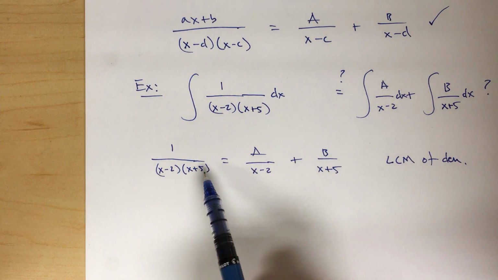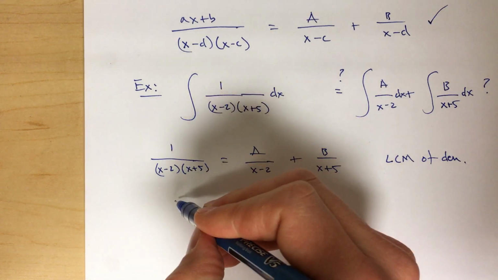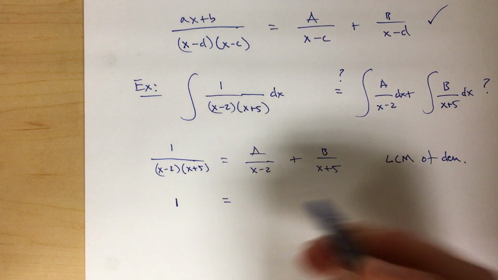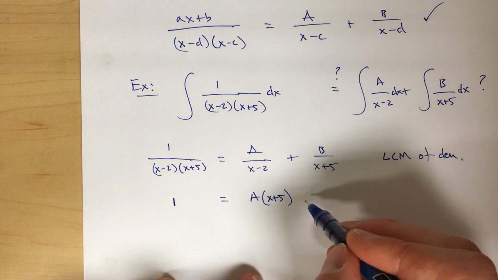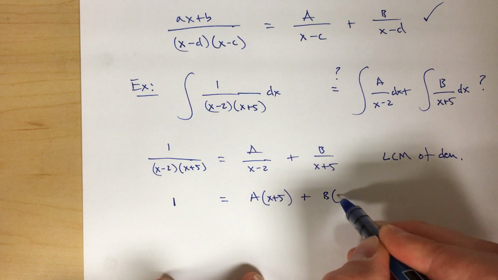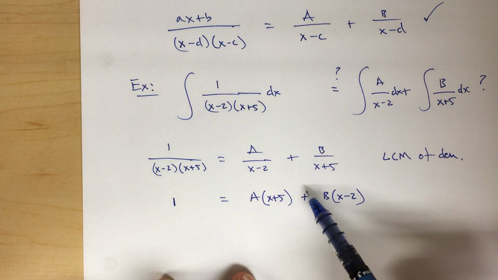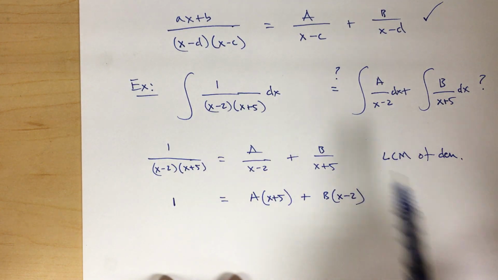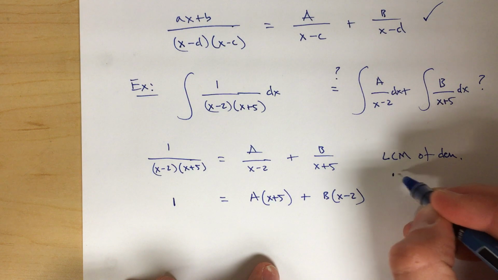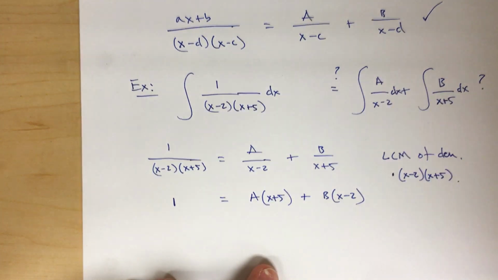So when I multiply everything by x minus 2 times x plus 5, this becomes 1. This becomes a times x plus 5, and this becomes b times x minus 2. Again, here the x plus 5's divide, here the x minus 2's divide, and here both of them divide because I'm multiplying everything by x minus 2 times x plus 5.